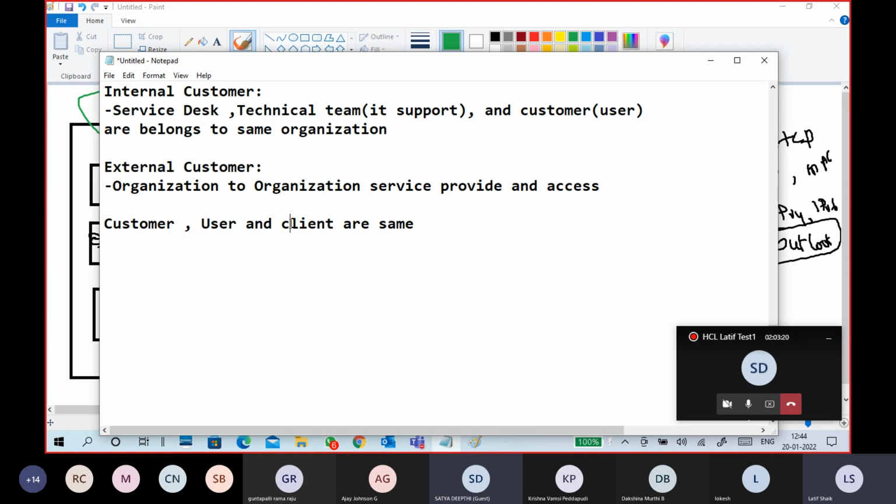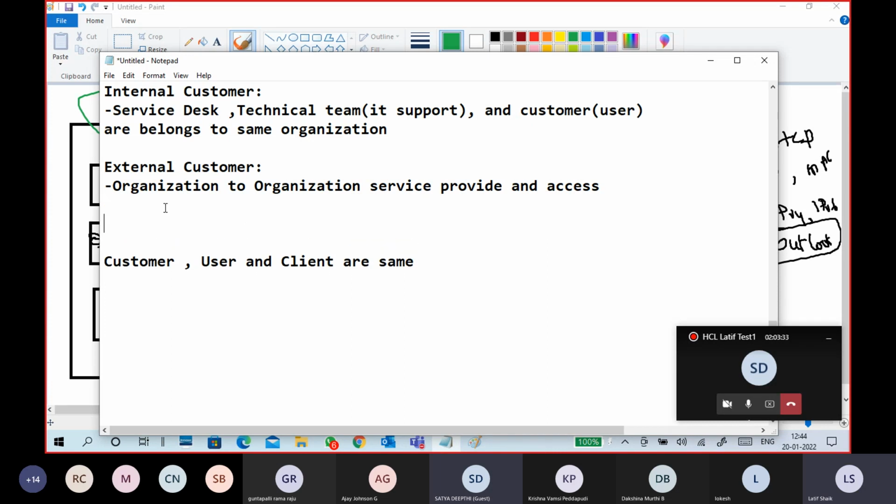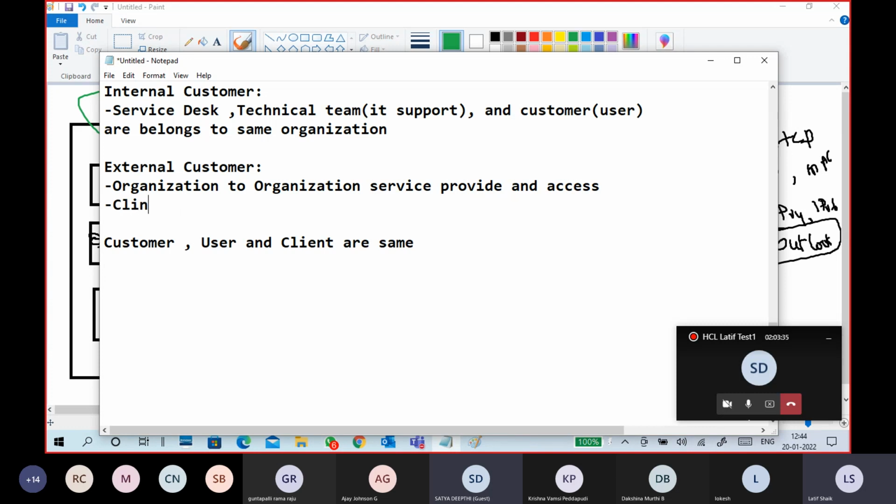No differences. But we use them in different ways in different places. For example, external customers, we call them clients. We call the external customers clients.